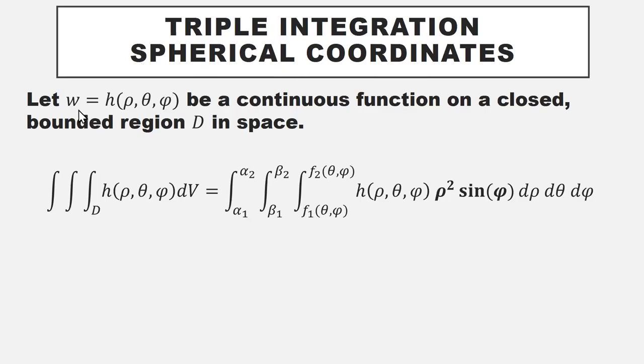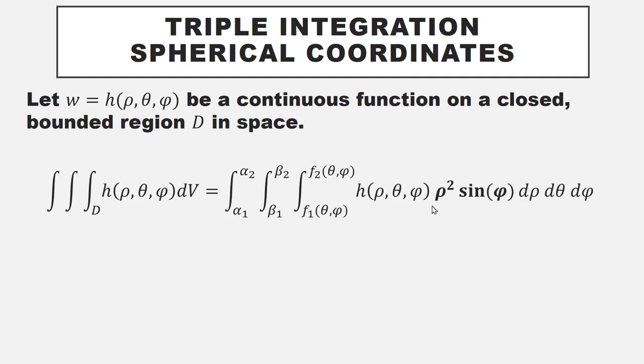So let's say we have a function written with spherical coordinates on a closed bounded region D in space. If I want to do a triple integration of that function over that region in three-dimensional space, then I'm going to have to come up with the bounds, and I'm going to integrate that function times rho squared times sine of theta.